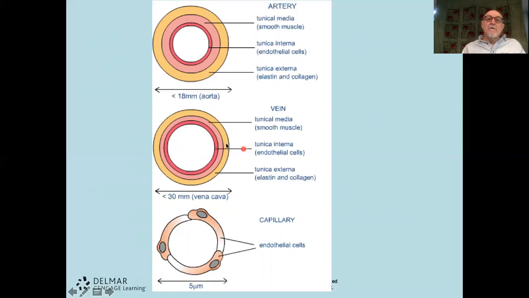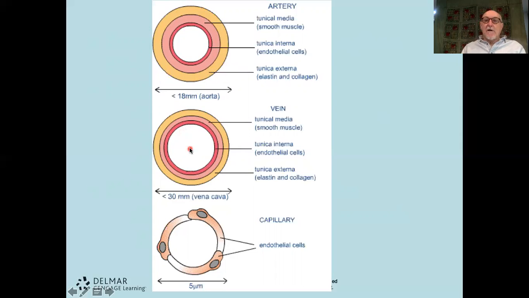And again, the muscle layers here can be contracted or relaxed in response to instruction from the autonomic nervous system, and contracted to raise the blood pressure overall in the body, relaxed to lower the blood pressure, for example. They do have tunica externa, but it's much, much thinner than it is in the arteries. The tunica media, this muscle layer in the middle, is also very, very much thinner. They also have an endothelial layer here.